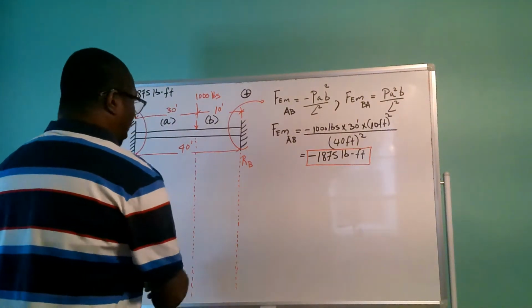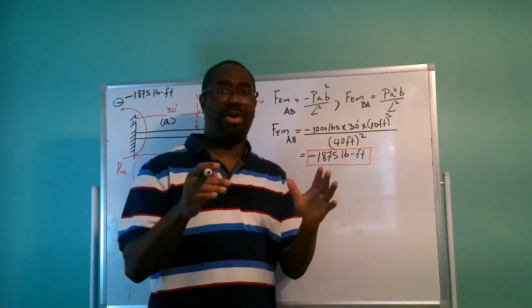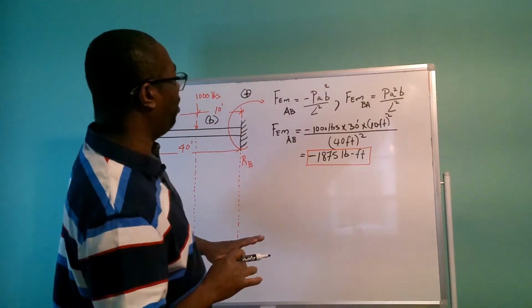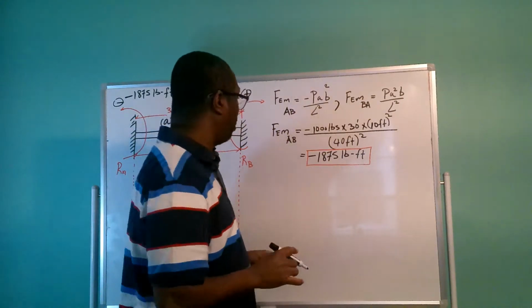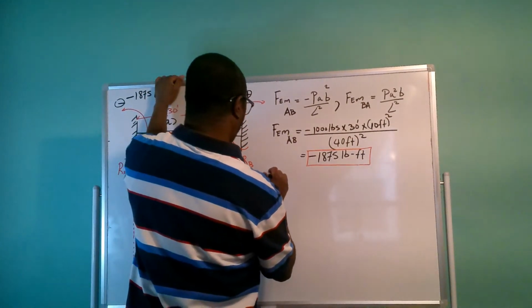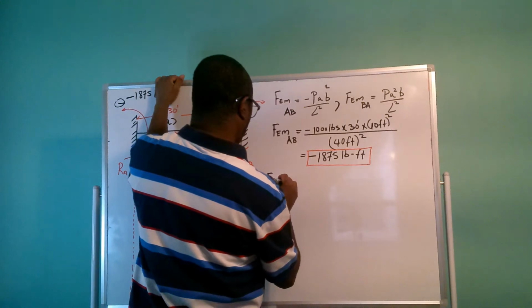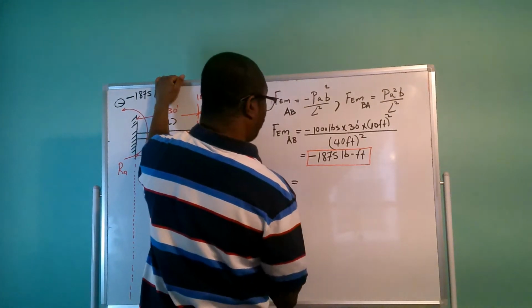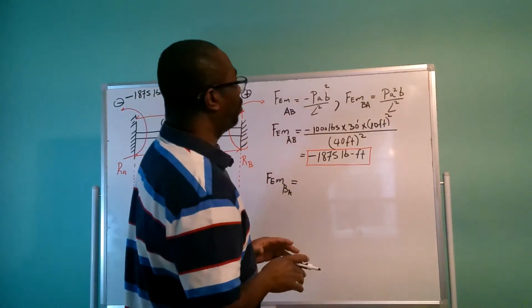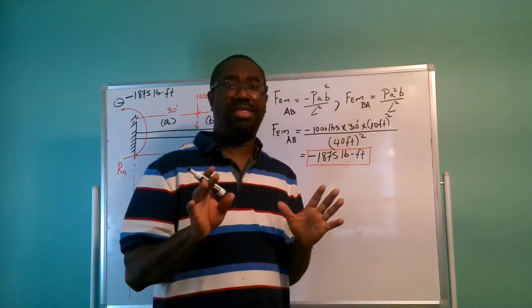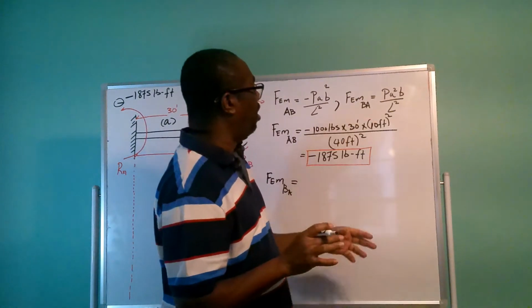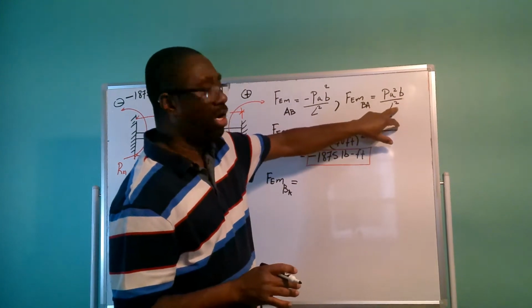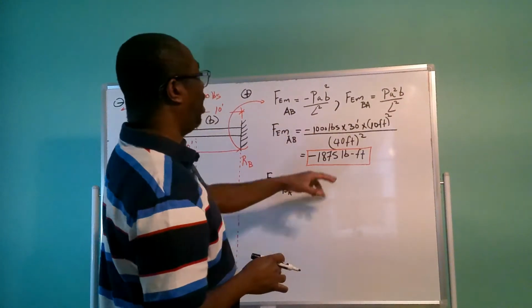Now that we have calculated the fixed end moment for AB, I'm going to calculate the fixed end moment for BA. The formula to calculate the fixed end moment BA is the load times A squared times B over L squared.